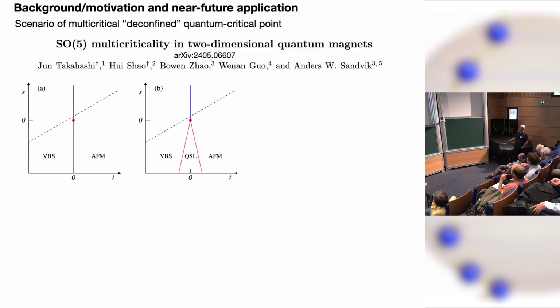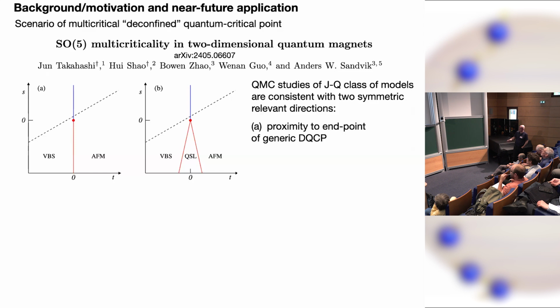My intuition is, if we have this scenario, which is the one I think is more likely, then this VBS and AFM phase, at least in the sign-problem-free region, has a very simple sign structure, and that's why we can even do QMC, right?